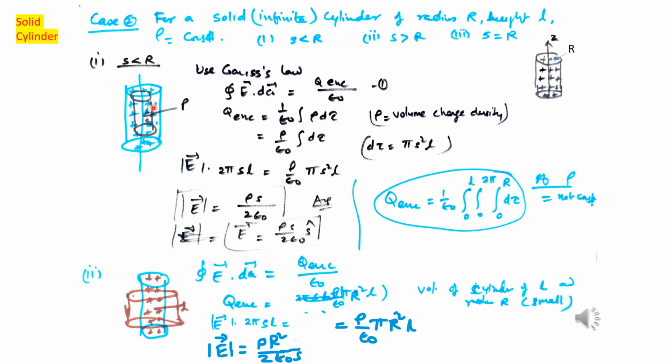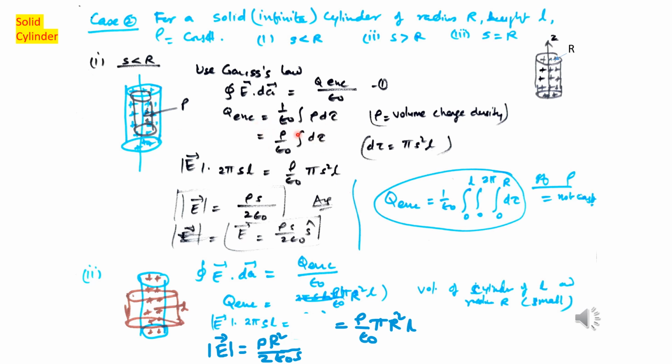So we will take point P here and then draw the Gaussian surface, that is the coaxial cylinder with this cylinder. Here it is, this black cylinder is the Gaussian surface, and now we have to apply the Gauss law to this Gaussian surface. So closed surface integral of E dot dA equal to q enclosed by epsilon naught, and the q enclosed will be inside this Gaussian surface.